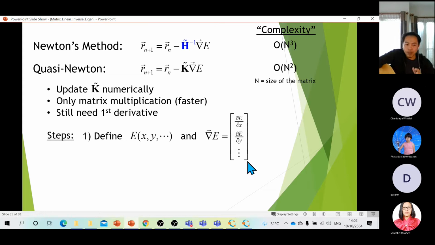Now, let me stop here a little bit, just to give you an insight about other kinds of optimization methods. In some other applications, we do not know the actual function E. Maybe we are looking at the stock market prices, and we don't know the function of those prices.